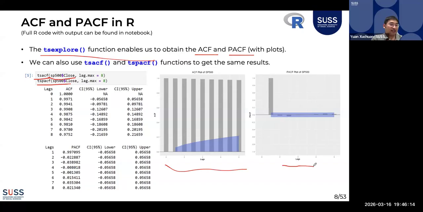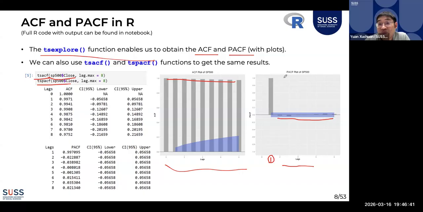You will see that the ACF decreases slowly with the lag, while for the PACF, after lag one, all the other values are within 2 standard deviations, which means almost zero.